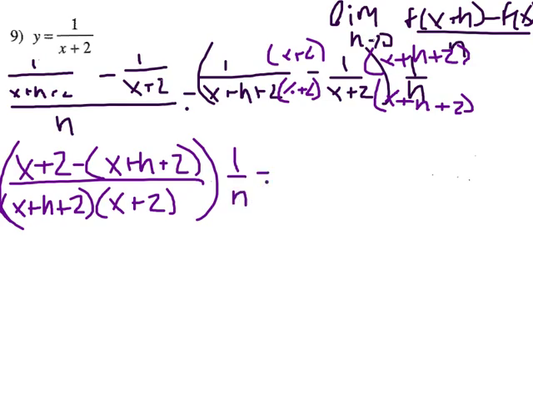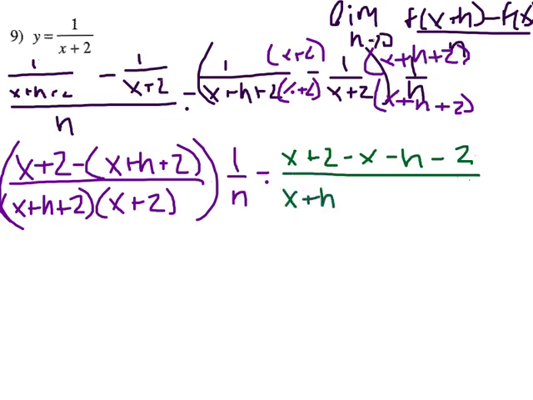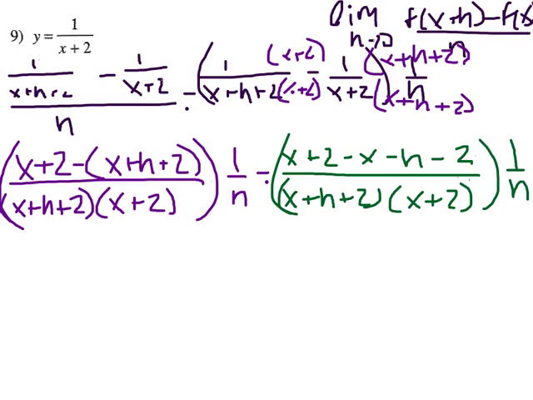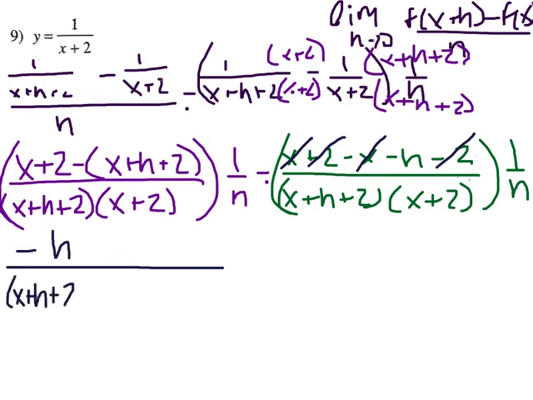Do some simplifying, and we'll have x plus 2 minus x minus h minus 2 over x plus h plus 2 times x plus 2, all times 1 over h. Do some simplifying here: x, 2, negative 2. And we have negative h over x plus h plus 2 times x plus 2, times 1 over h.